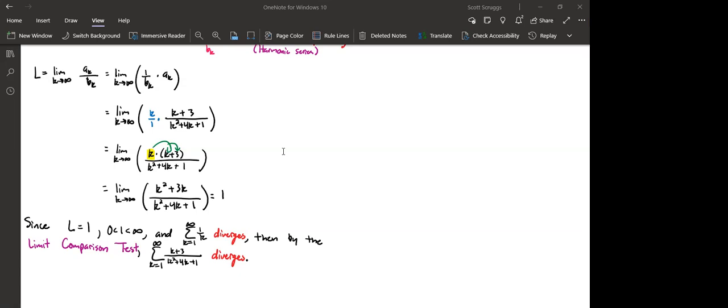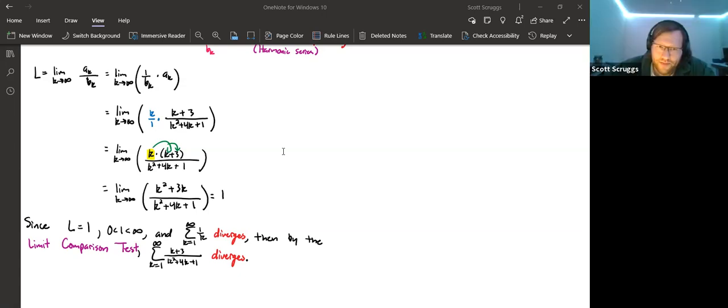So what does it mean if L equals infinity? Good point. If I got that L equals infinity, then I better have that the series I'm comparing with diverges. If I get that the series I compare with converges, but I somehow got that L is equal to infinity, then what that would mean is that I actually messed up somewhere. I'll need to check for that.